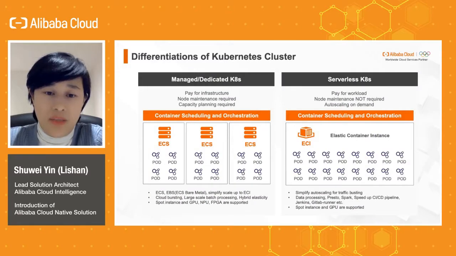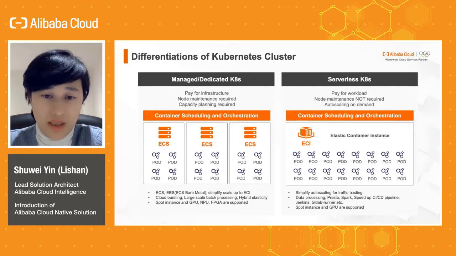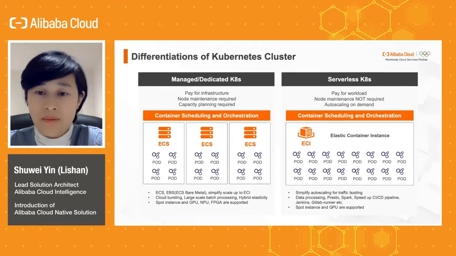For managed and dedicated Kubernetes clusters, we can see the pods running on ECS or elastic bare-metal, but they can simply scale up to ECI. The scenario is for applications that keep running persistently. It supports spot instances, GPU, and FPGA instances.